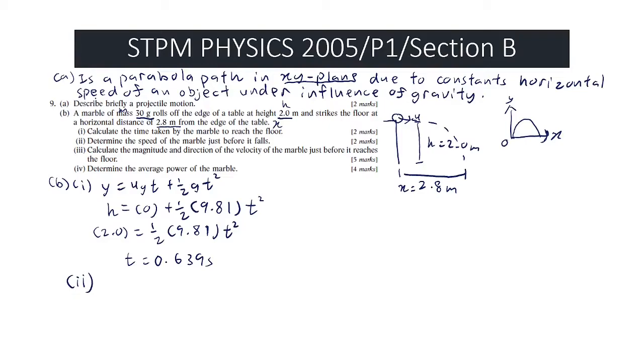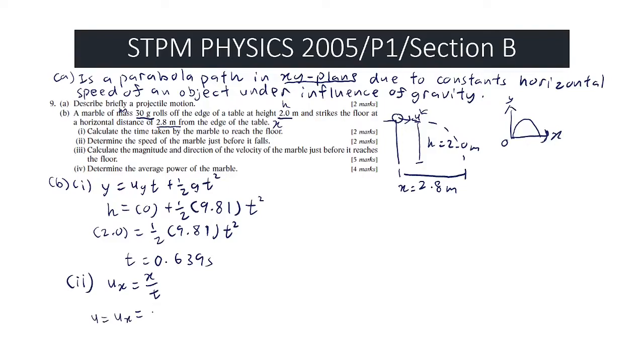And now the second question, determine the speed of a marble just before it falls. So just before it falls, we want to find out this u here. Now we already have this time, so we just apply u_x equals x per t. Actually this u_x is also equal to u, because initially we don't have a y component, and so u equals u_x equals x over t.